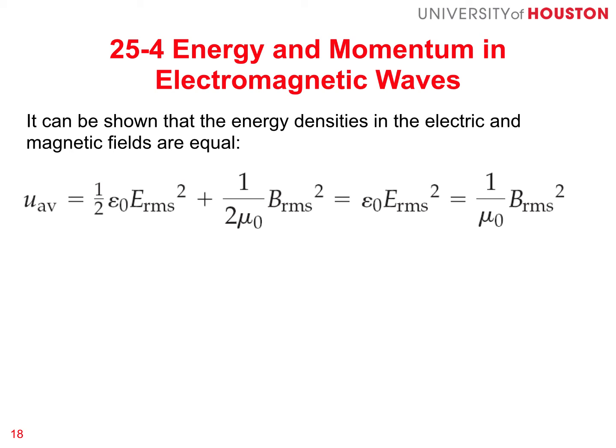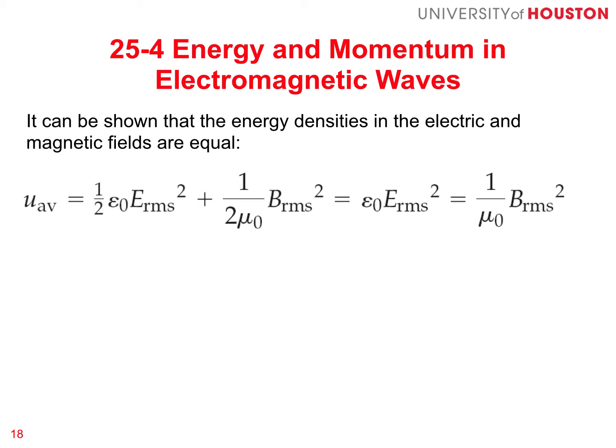Again, assuming these two terms are equal, we can more simply write the average energy density as epsilon zero times the RMS of the electric field squared, or as 1 over mu zero times the RMS of the magnetic field squared.